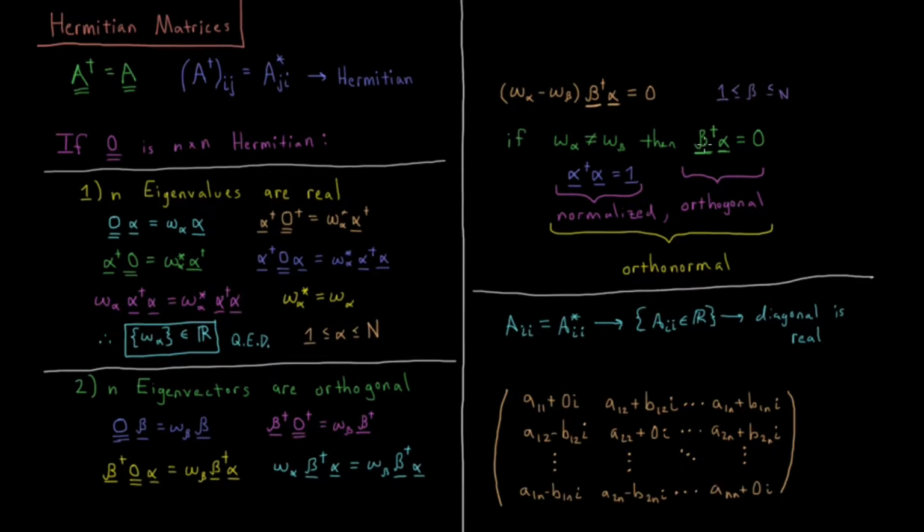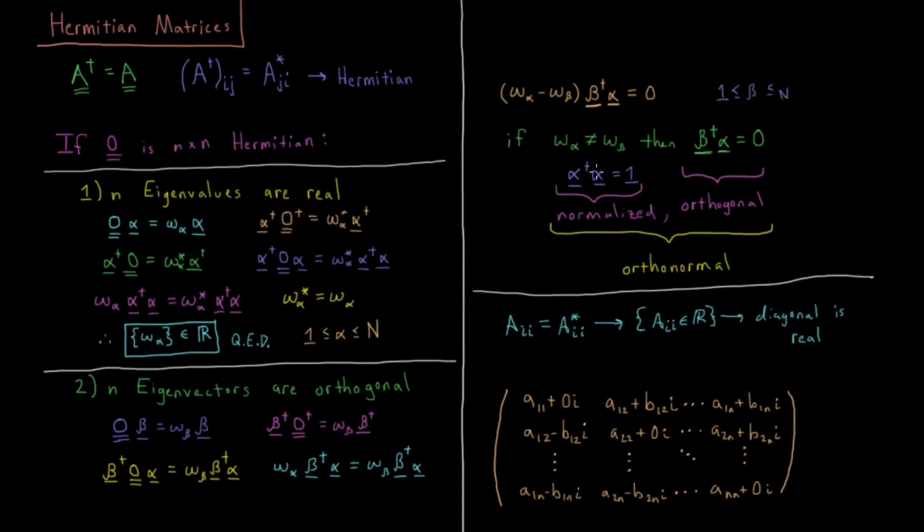But note from previous videos that this is equal to the overlap of eigenvector beta with eigenvector alpha. It's equal to their dot product, the scalar product or inner product of beta and alpha, and it is equal to 0 if the eigenvalues are not equal. So that means that they are orthogonal.